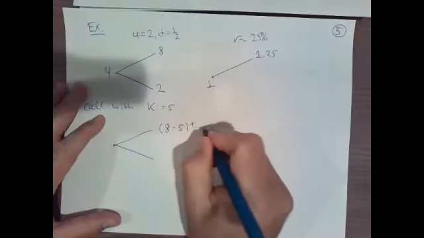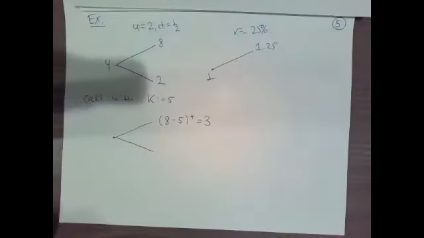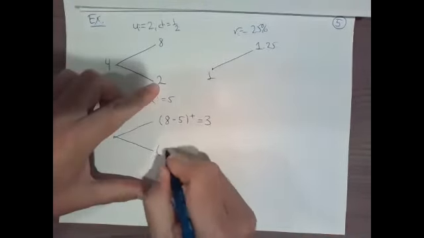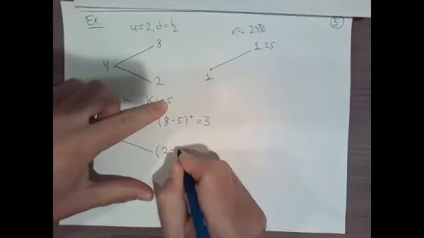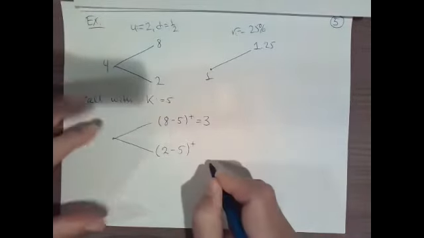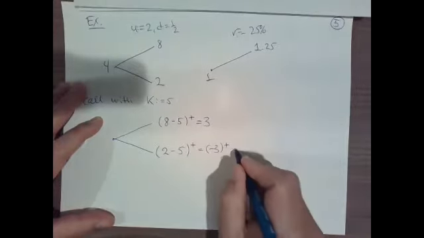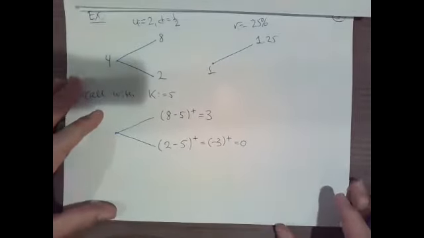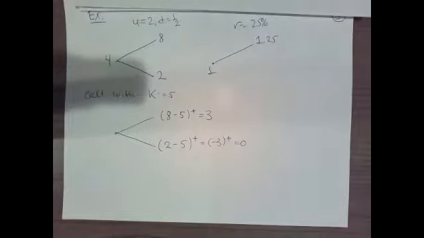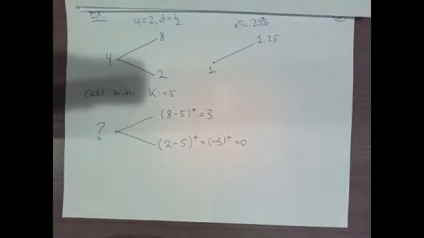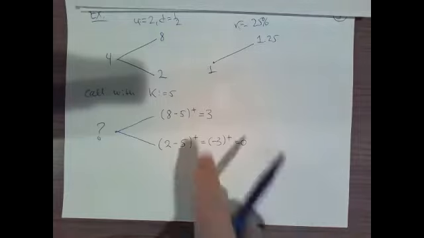This would give me 3. And then in the bottom state, well, now we have 2 minus the strike. So this would be minus 3, positive part. So that will give me a 0, okay? So now I'm looking at a call with this payoff, and I want to figure out what I should put here. What is the initial price? How much are we willing to pay for the payoff 3 and 0?